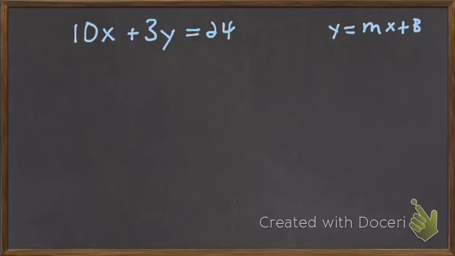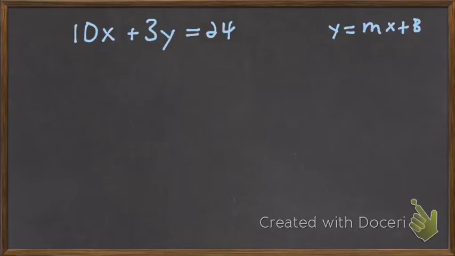What's something that's wrong here? It looks to me like the y is in the right spot. Oh, the x. The x is in the wrong spot. The x is on the left side of the equal sign, where over here it's supposed to be on the right side of the equal sign. So we need to get rid of that x on the left side.